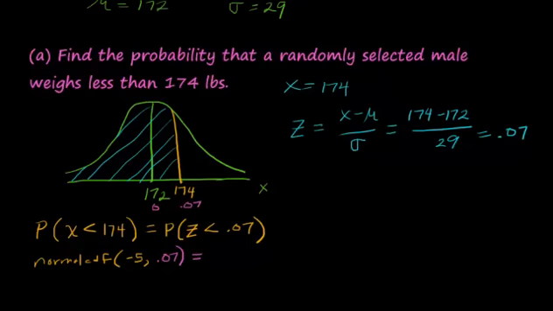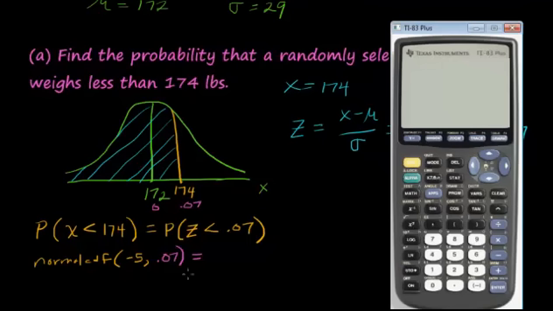Okay, so now we'll look at our calculator and go to our distributions, second key, distributions. Let's see, this one's not on. Let's turn that on. Okay, second, distributions. I want the normal CDF, so I'm tabbed down to the second function here, enter. And now what I have to put in is my -5, comma, 0.07, close parentheses, enter.